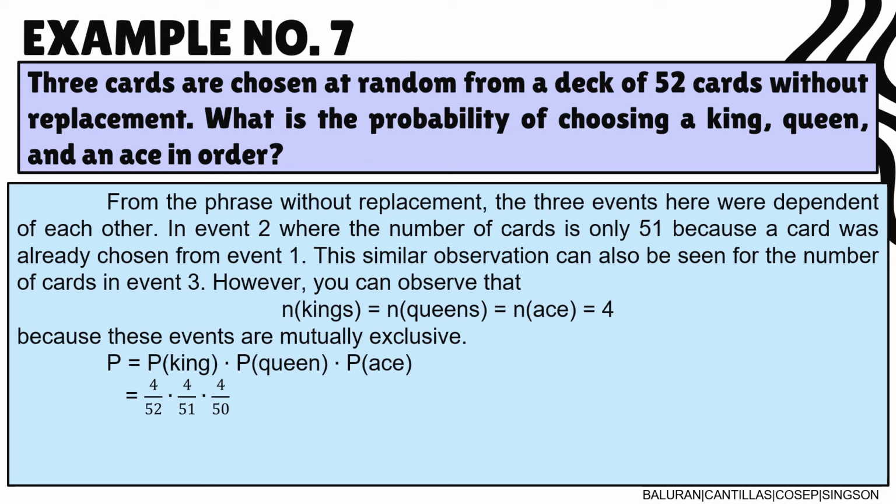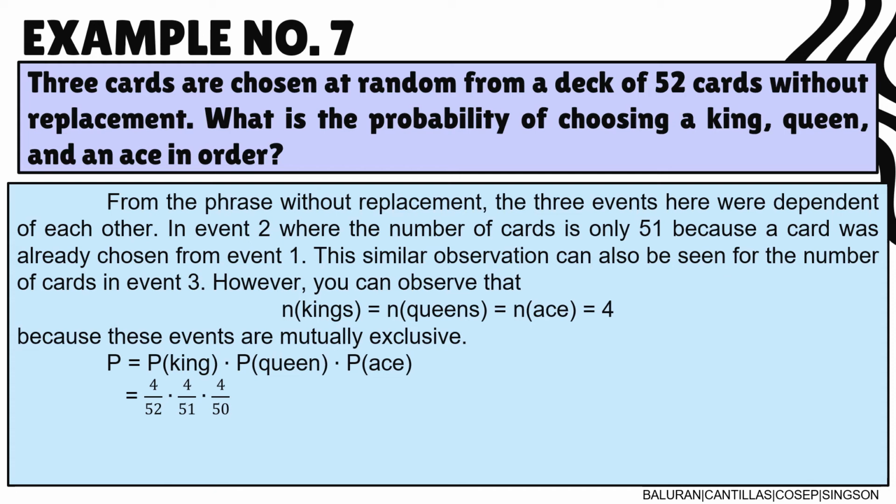We are using 52 here since we have a total of 52 cards. For the probability of getting a queen, as you have noticed, we use 51 since in our problem the card should not be replaced, so we have to decrease it by 1. So for the probability of getting a queen, it gives us 4/51.